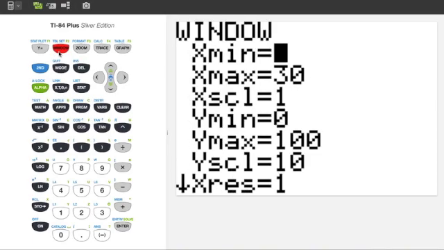My window, let's set from 0 to 80 for the pounds, and 0 to 20 for the wingspan. And look at our graph.